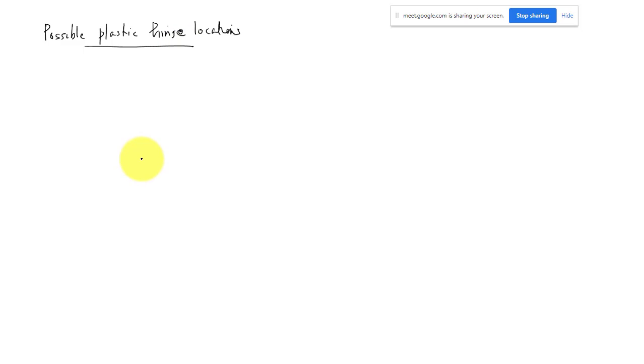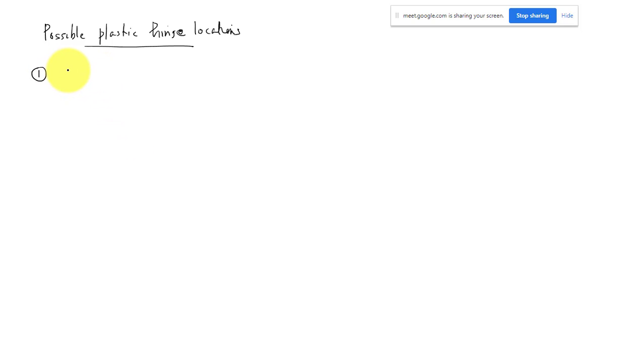Okay, so this is the simple understanding of how the plastic hinge is forming. Your moment has to reach Mp. Wherever you have a peak value moment, that location possibly has a plastic hinge. If you increase the load, only at that location you will have the plastic hinge.